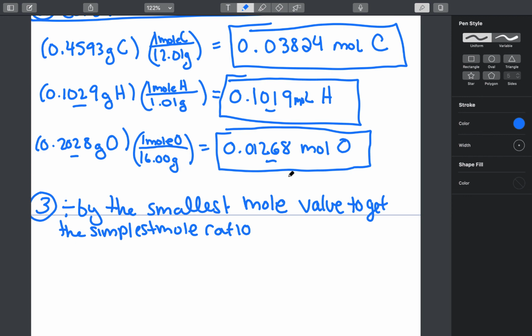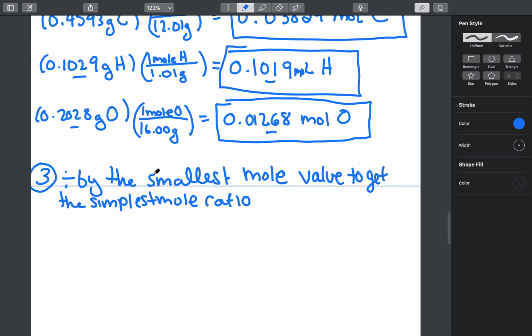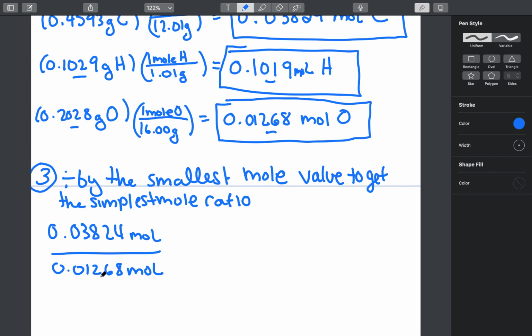So in this case, we're going to use the amount of moles in oxygen. So let's just quickly do this. Let's do carbon first. So carbon, we had 0.03824 moles. And then for oxygen, we had 0.01268 moles. And then let's just put our little hash under here so we know how many sig figs to use.